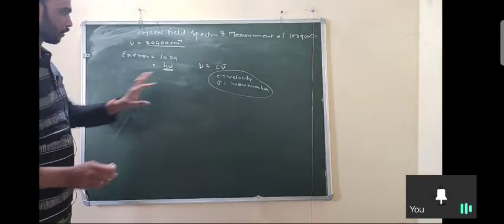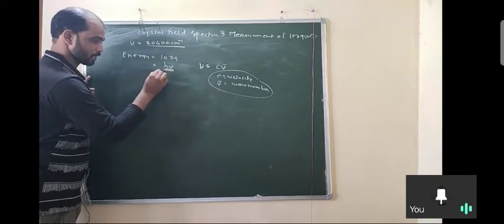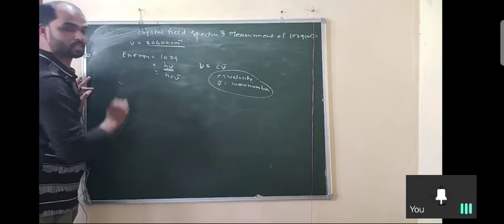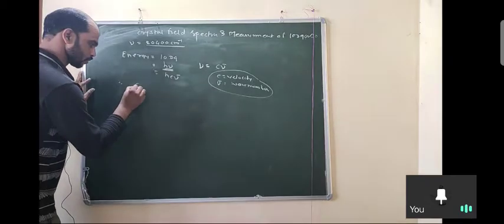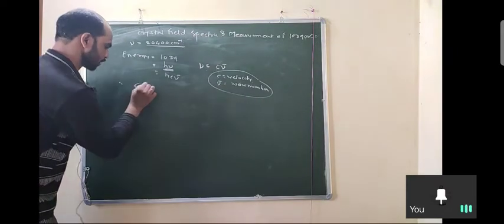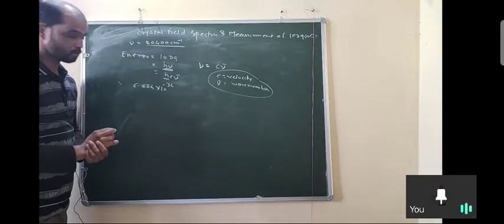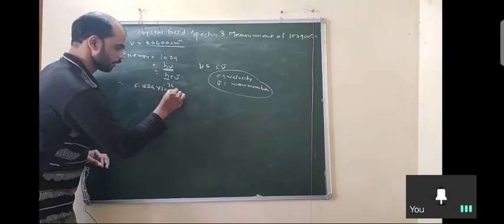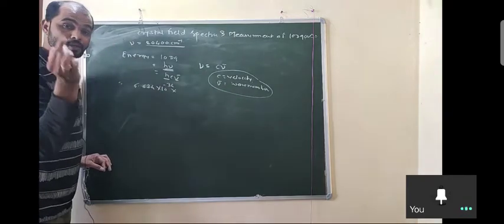So the total energy is equal to 10 Dq, which is equal to h nu, which is equal to h c nu bar. Okay, so we have the values. What is the value of the Planck constant? 6.624 into 10 raised to minus 34 joule, multiplied by the wave number, which is considered in per centimeter.